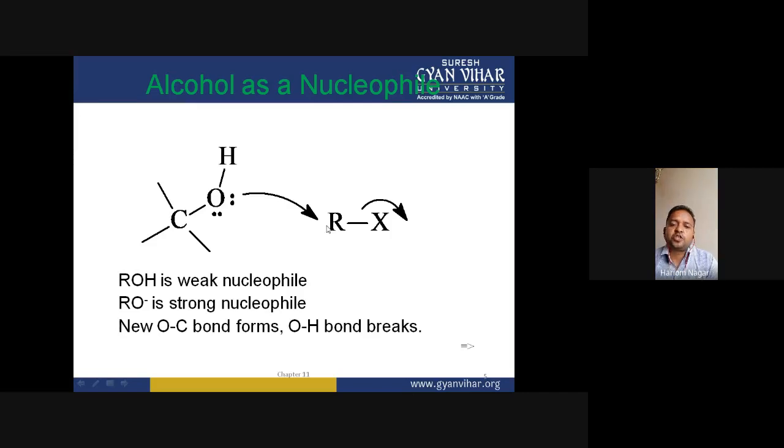And at the positively charged alkyl group, this reagent will attack. Since positive charge is present, there is an electron deficient center, so the nucleophile will attack at the electron deficient center. So here this compound is acting as a base. Nucleophile is also a kind of base.